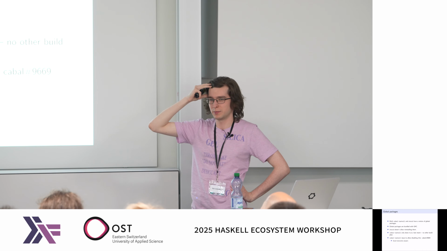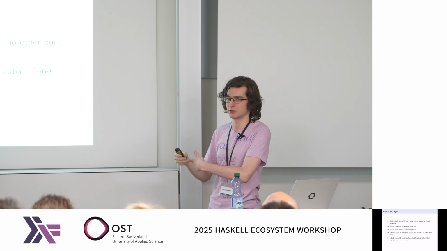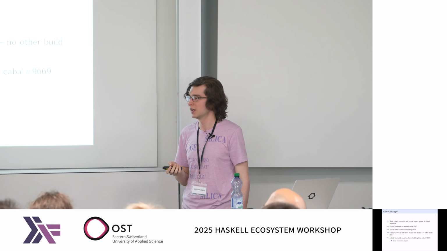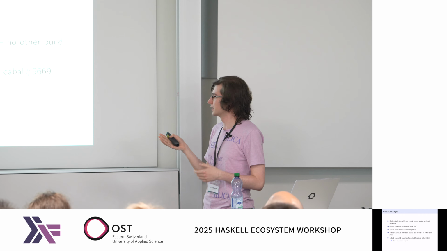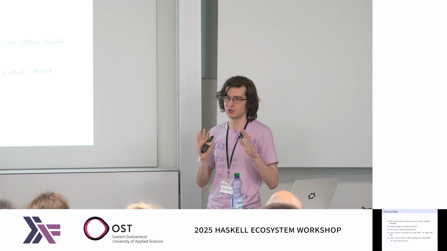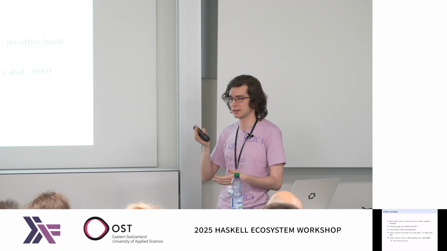Unless you have a constraint explicitly forbidding it, or there's no valid build plan, it will just use these even if there's a newer version. This is quite confusing and it's not very nice. There's an issue about it, and the conclusion is we don't want to change the default, but we do want to add an option to enable just picking the latest.